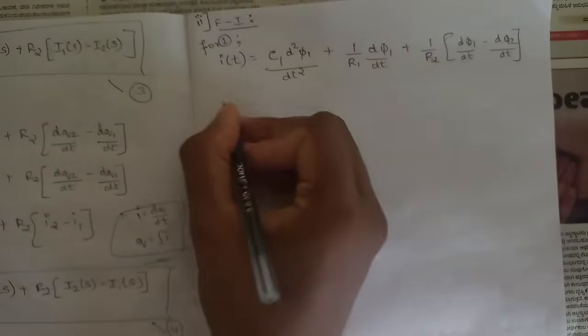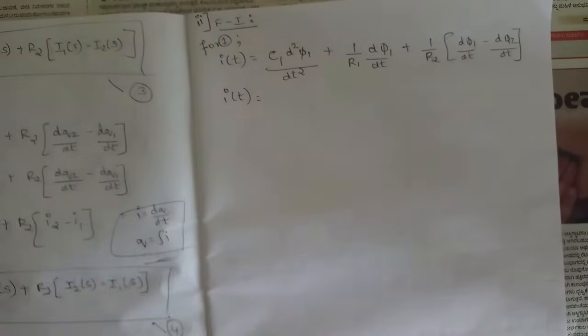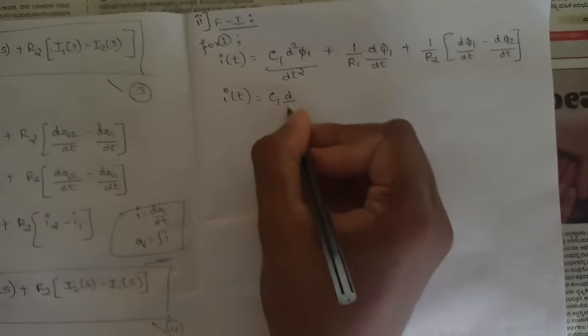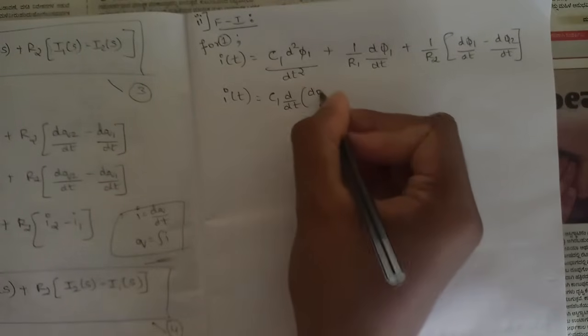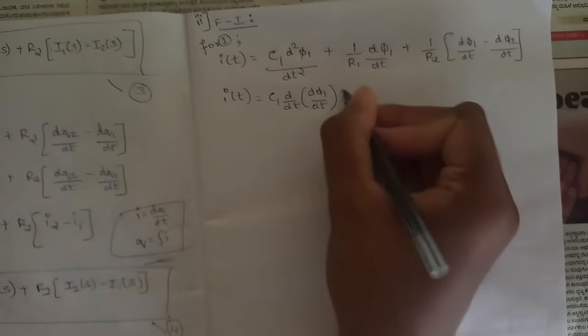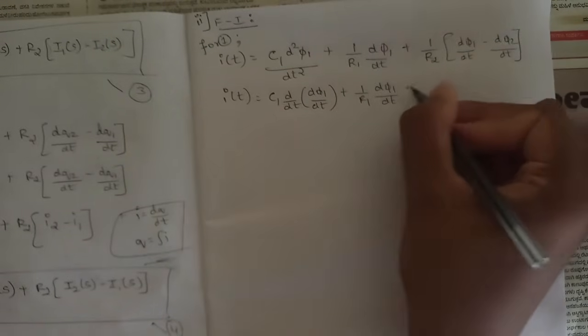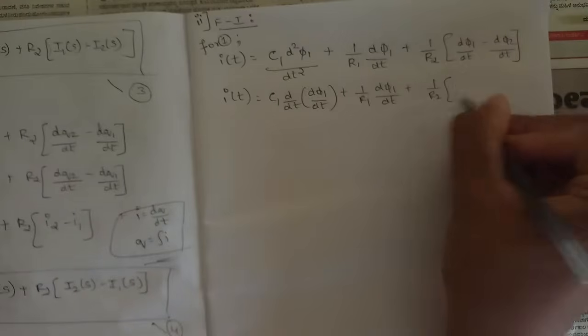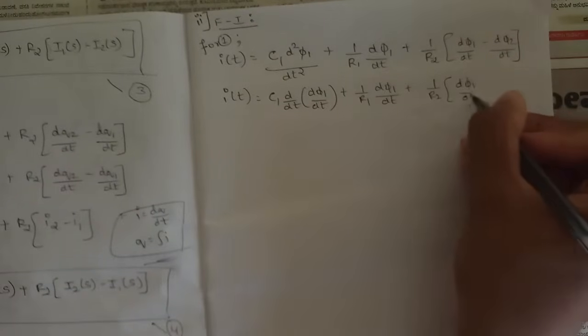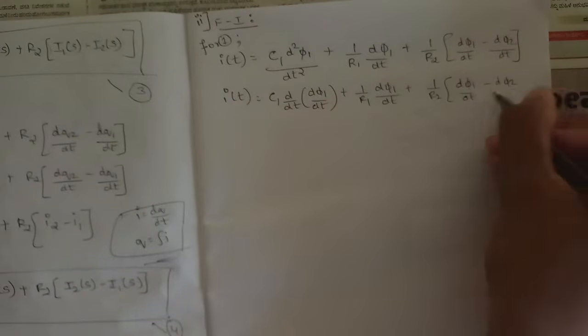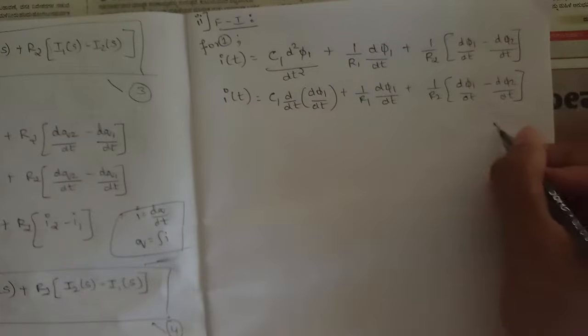Okay, so again let's solve it now. I of t is equal to c1 into d by dt of d phi 1 by dt, plus 1 by r1 into d phi 1 by dt, plus 1 by r2 into d phi 1 by dt minus d phi 2 by dt, and also we know that v is equal to d phi by dt.